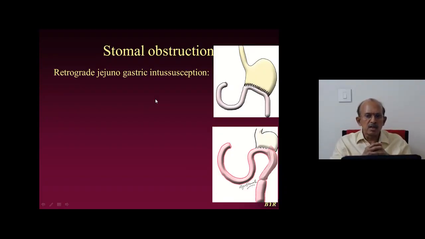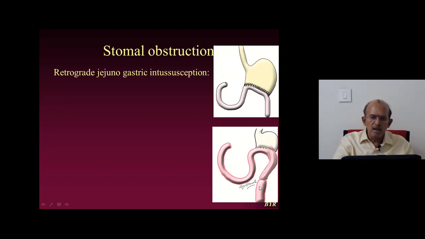After you do gastrojejunostomy, because of the irritant acid that is coming into the jejunum, the jejunum gets irritated. So it gets altered peristaltic activity. Because of this altered peristaltic activity, sometimes there will be this reverse intussusception.